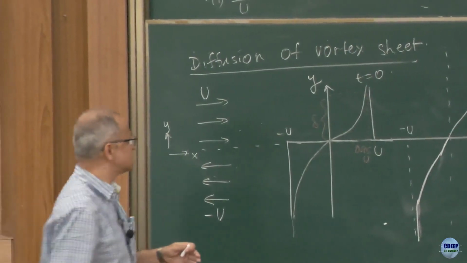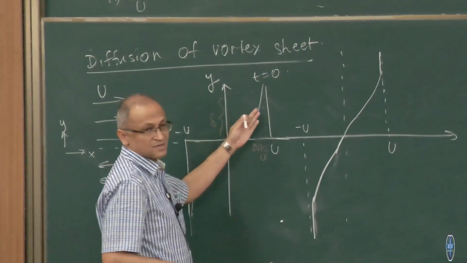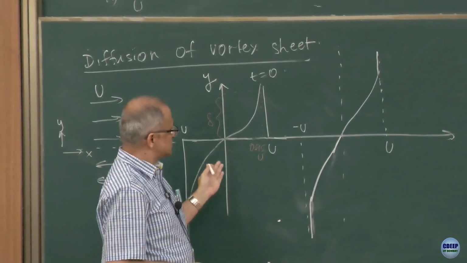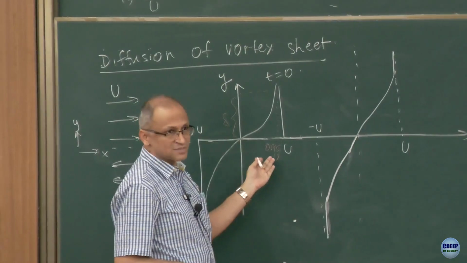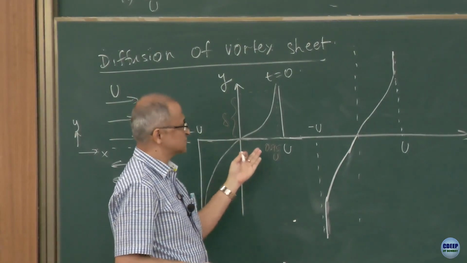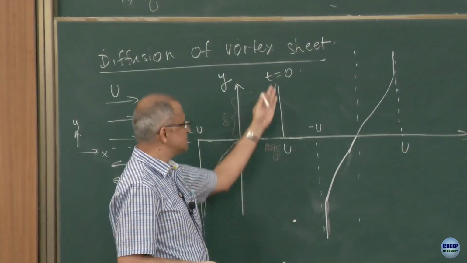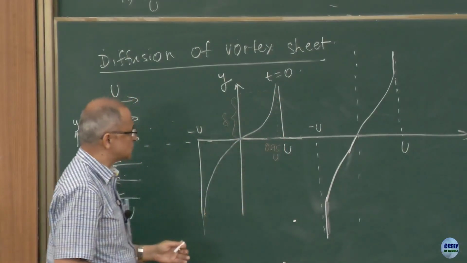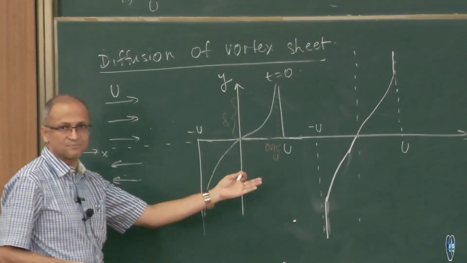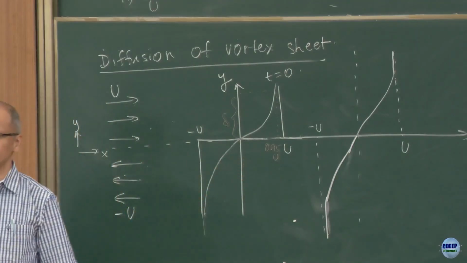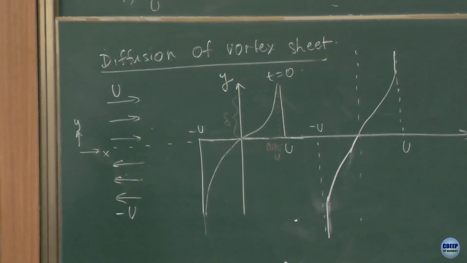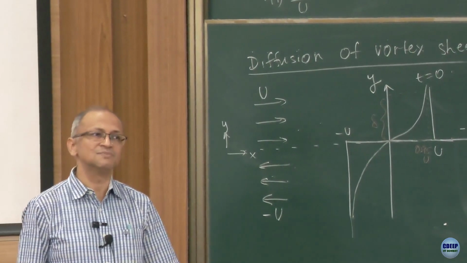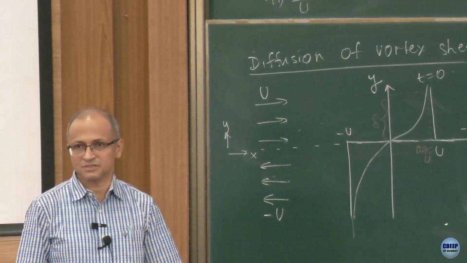Because it is symmetric, whatever is happening on the top will happen on the bottom side. This 0.95 U is an arbitrary number; it is 5% of the maximum velocity. I can make it 98%, 99%, which are other criteria people use. 95% is more useful because uncertainty in measurement could be 2%, 3%.